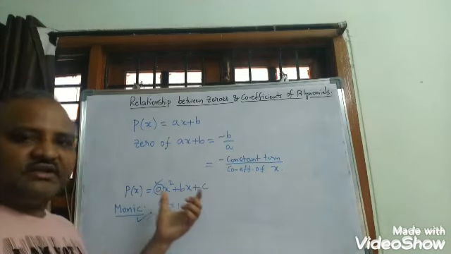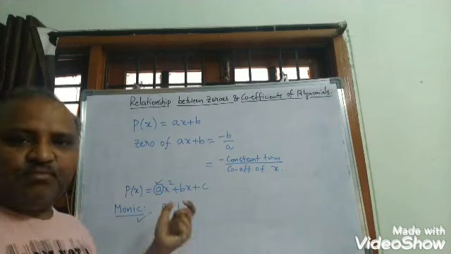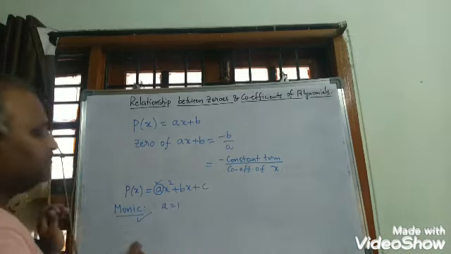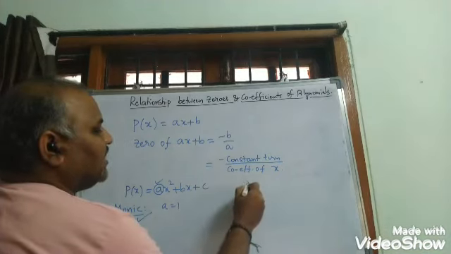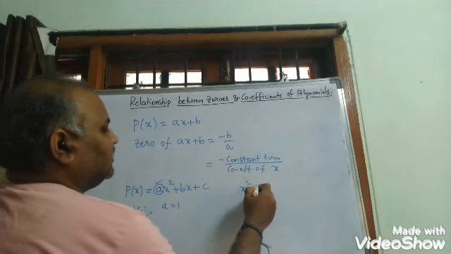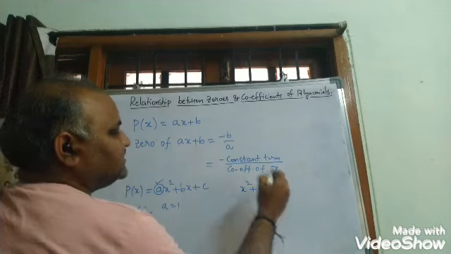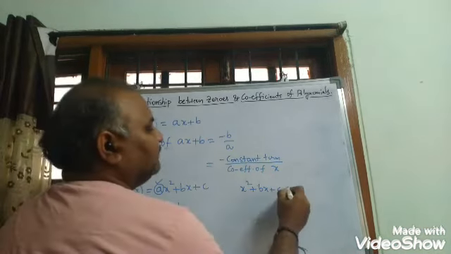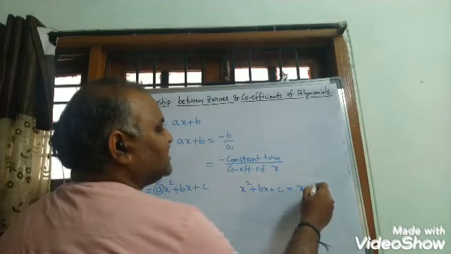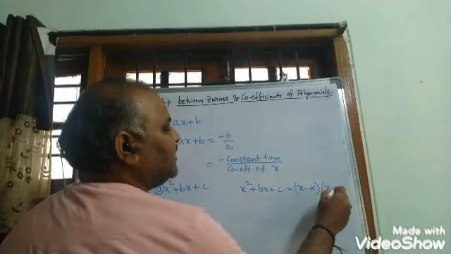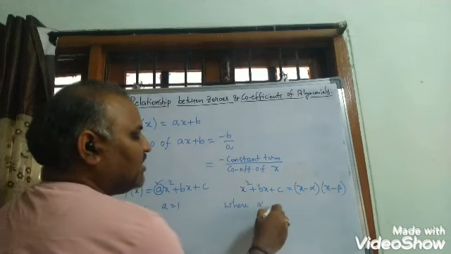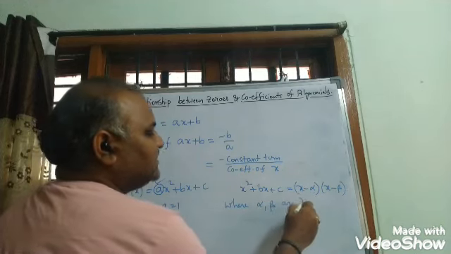So if the polynomial which we have taken is a monic quadratic polynomial, like x square plus bx plus c, this can be expressed as x minus alpha into x minus beta, where alpha comma beta are its zeros.